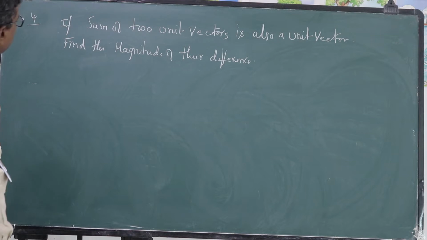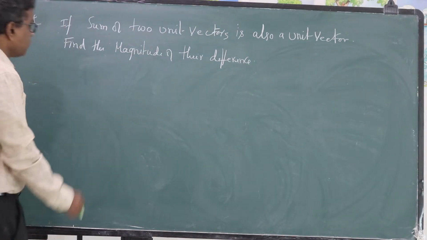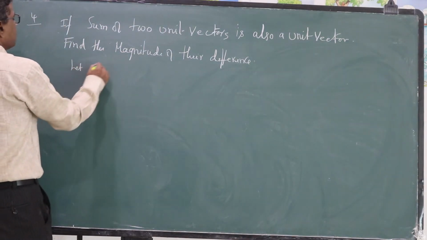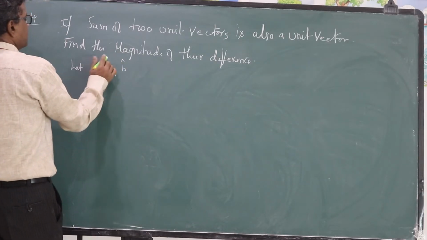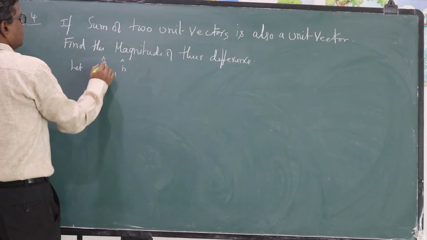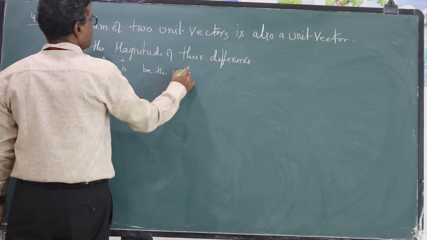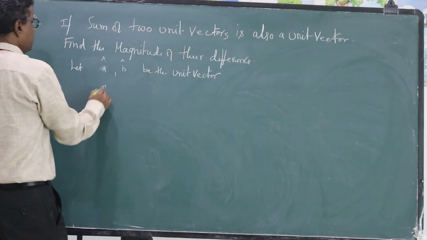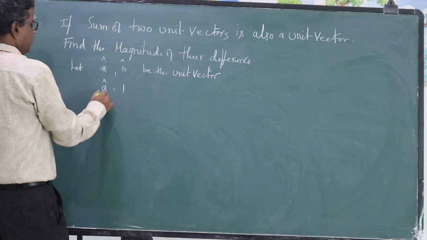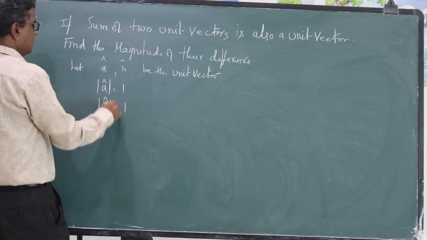What is the problem? If the sum of two unit vectors is also a unit vector, we don't know the vectors. Let a cap, b cap be the unit vectors. What does it mean? It means their magnitude is 1 unit. Mod a is equal to 1, mod b is equal to 1.